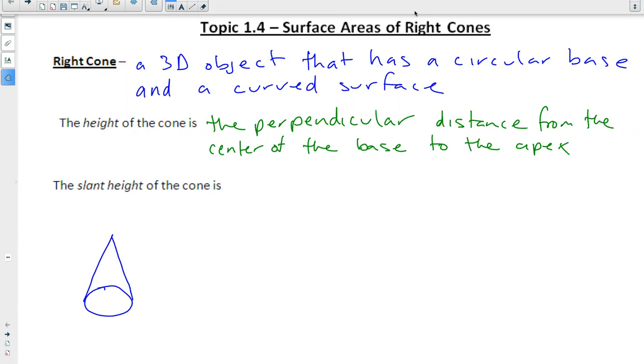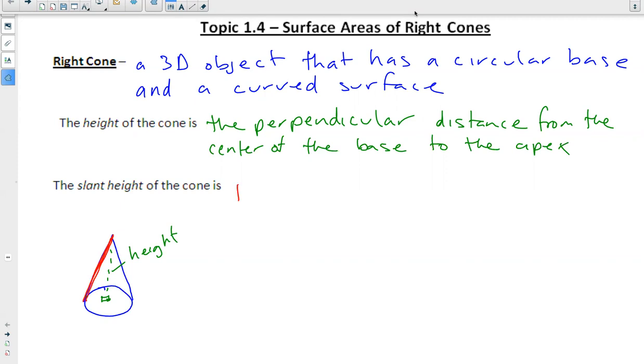Okay, so my height, again, is from the center of the base, forms a right angle, and goes to the apex. So this is my height. And the slant height of the cone is going to be right there.